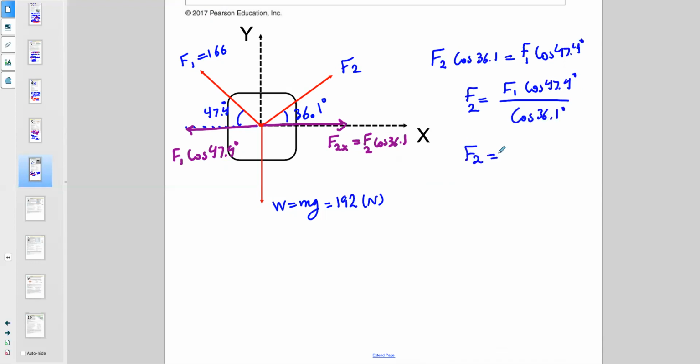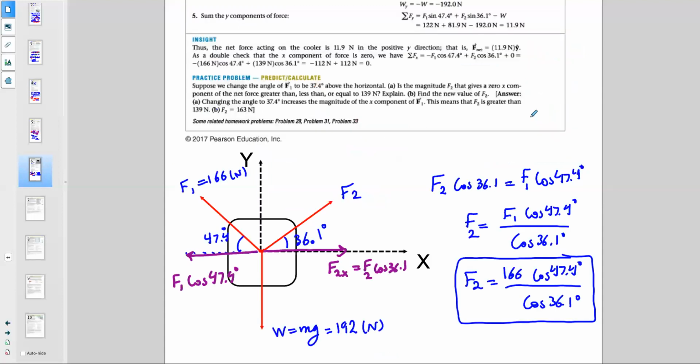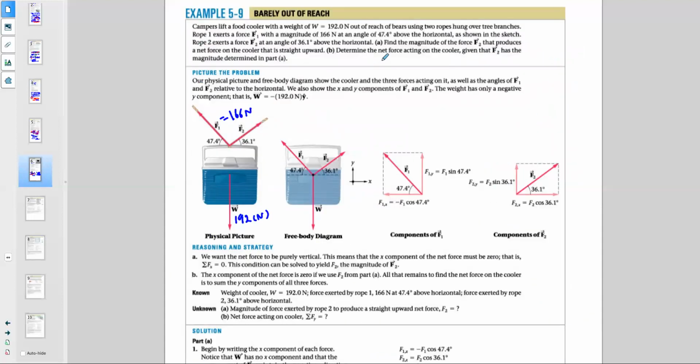So F2 is F1, which is 166 newtons, times cosine of 47.4 over cosine of 36.1 degrees. Just put it in your calculator, and that will be your F2.